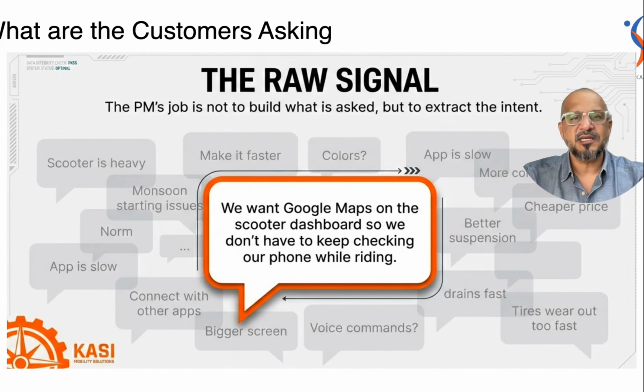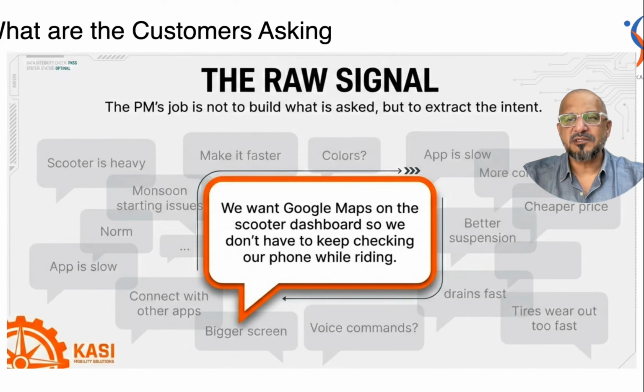They are still at a very initial, conceptual state. Okay. So let's say the loudest signal that we got in all of this is, we want Google Maps on the scooter dashboard, so that we don't have to keep checking our phones while we are riding. Okay. So a very reasonable ask from our customer.